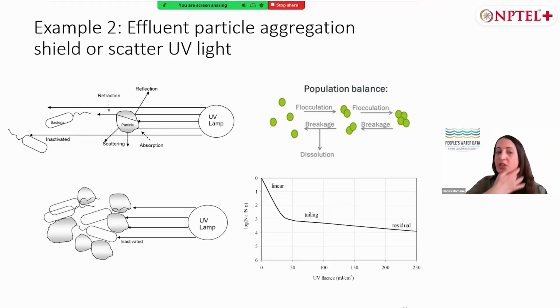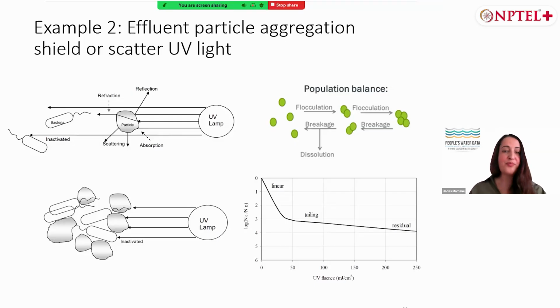And we can see here, for example, that the particle shields the light from the bacteria, which means that the bacteria within the path length of the light will not be inactivated. So this bacteria is safe from inactivation, while the bottom bacteria will be inactivated, while the middle one will not be inactivated.